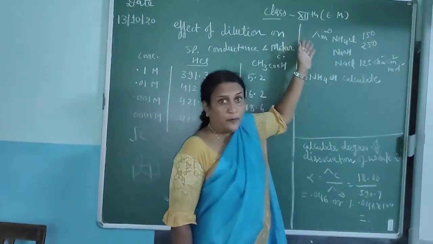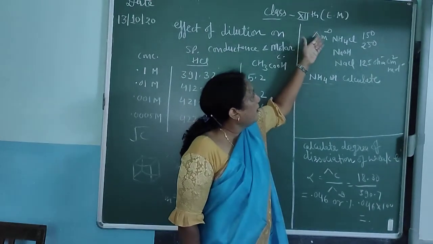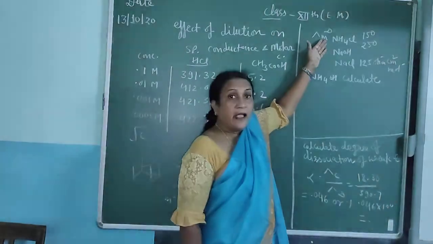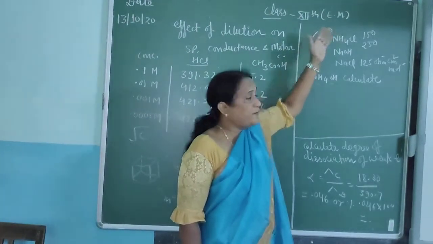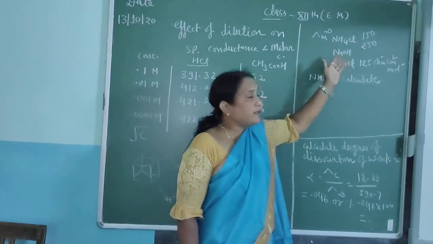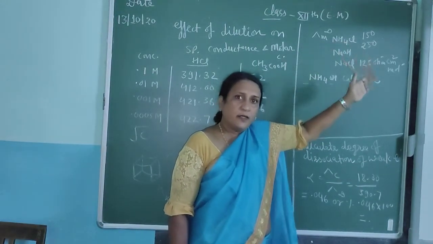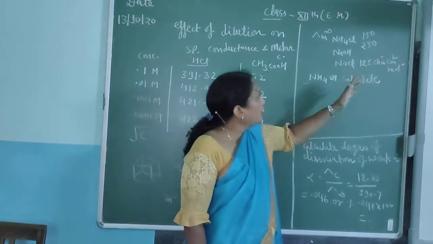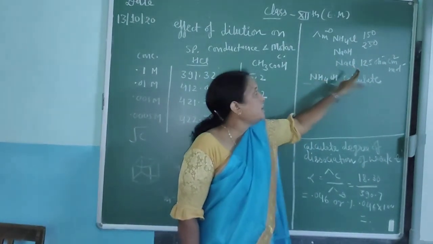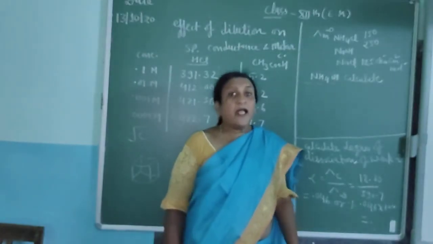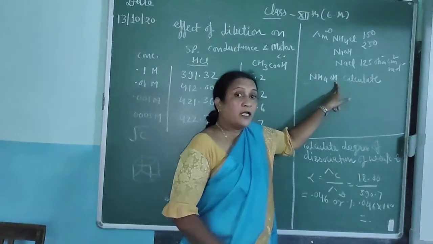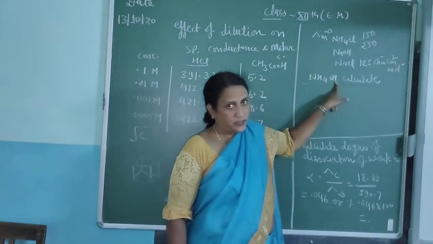What is the problem? We have 3 strong electrolytes. Ammonium chloride having molar conductance 150. Then we have NaOH having molar conductance 250 ohm inverse centimeter square mole inverse, that is the unit, and NaCl has conduction 125. And we have to calculate the molar conductance of the weak electrolyte, that is ammonium hydroxide.